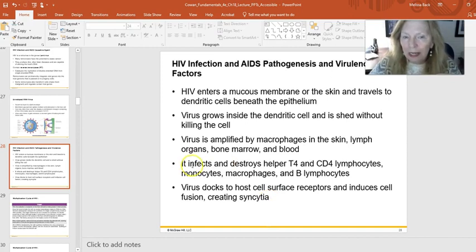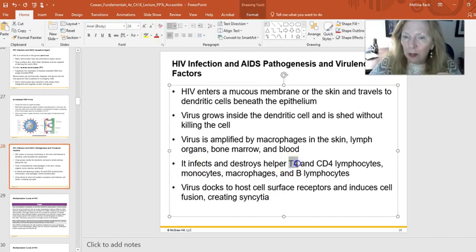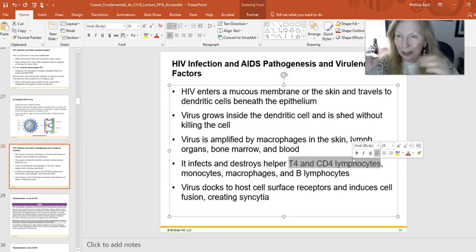So it infects the T helper cells, the T4, CD4 cells that y'all have learned about with me. These helper cells, actually our entire adaptive immunity, our entire specific immunity hinges on them. And they're involved in some of the non-specific innate immunity.